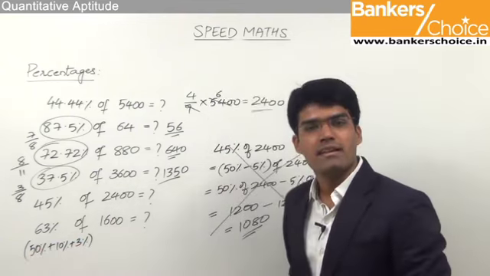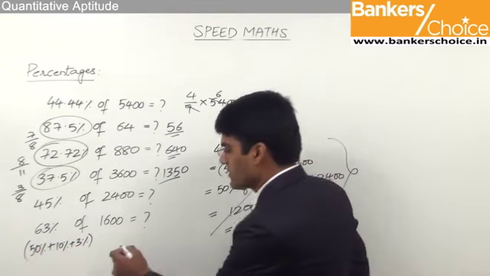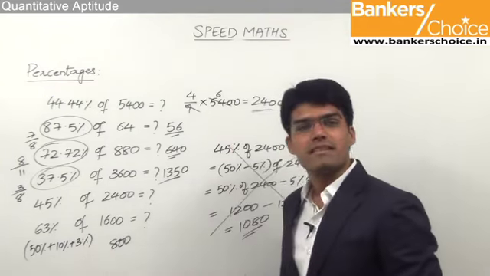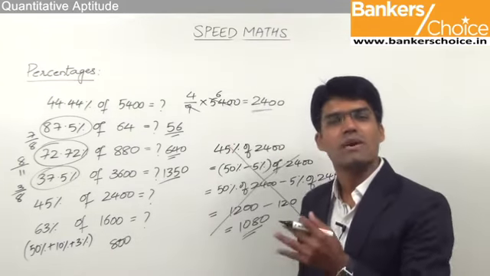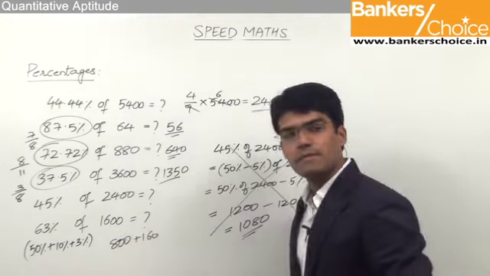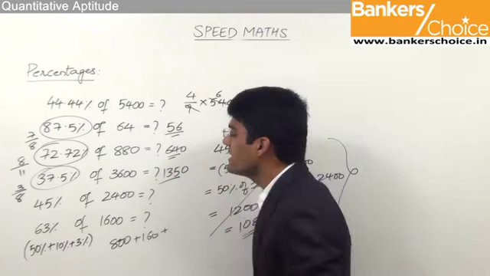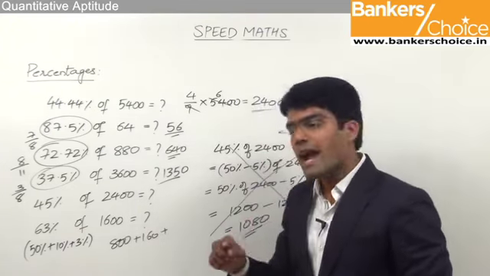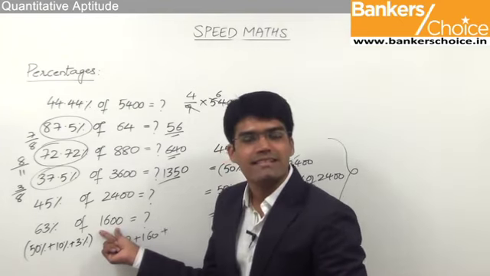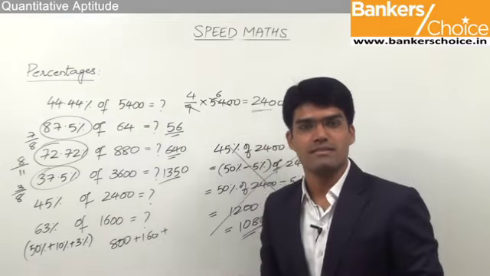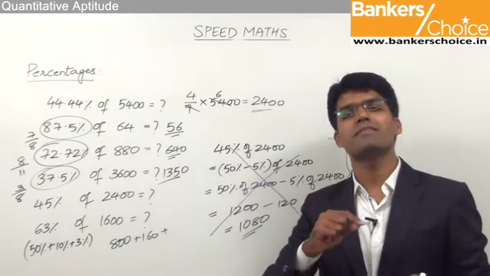50% of 1600 we know is 800. So 50% is 800. Plus 10% of 1600. 10% of the number is 1/10 of the value. So 10% of 1600 will become 160. And the last part here is 3%. 3% of 1600. We know that 1% of 1600 is 16. So if 1% is 16, what will be 3%? 3% is nothing but 1% into 3.